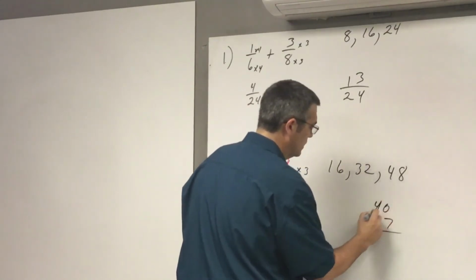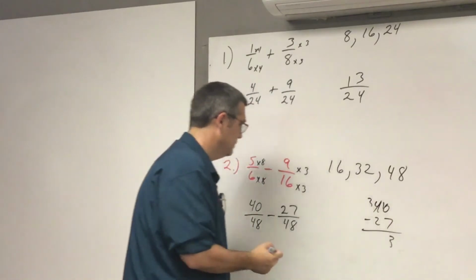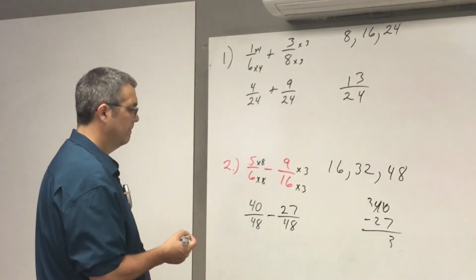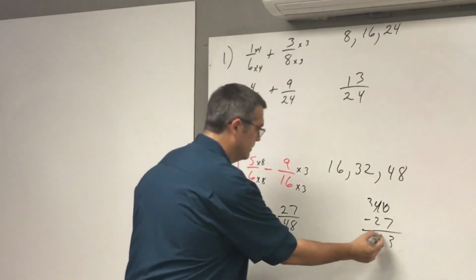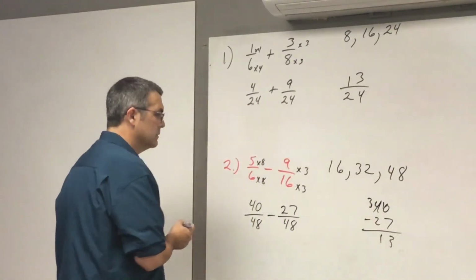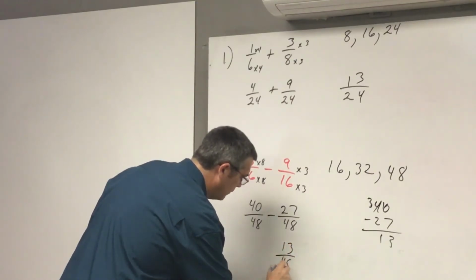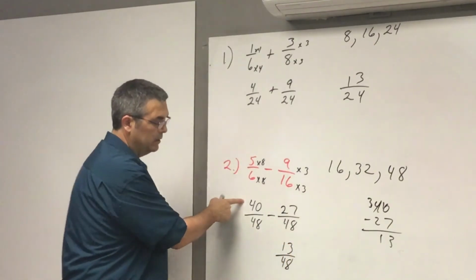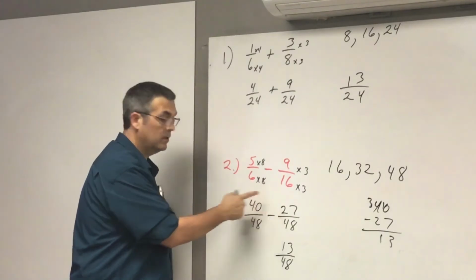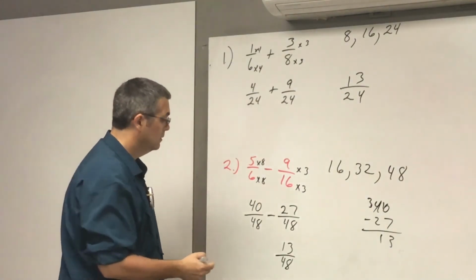I don't remember what that is. 3, 2, so 3. 13. Make sure I write that clearly so you can see it. Okay, so I've got 13 over 48, and because this 40 is larger than this 27, I know this is a positive number. Okay, that's all it is.